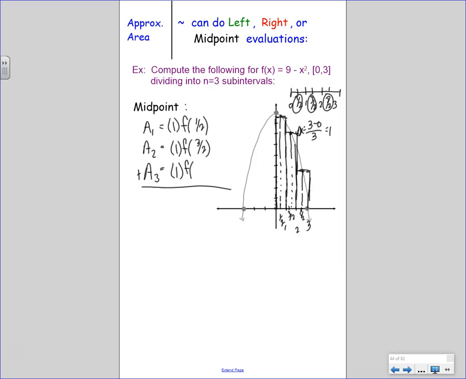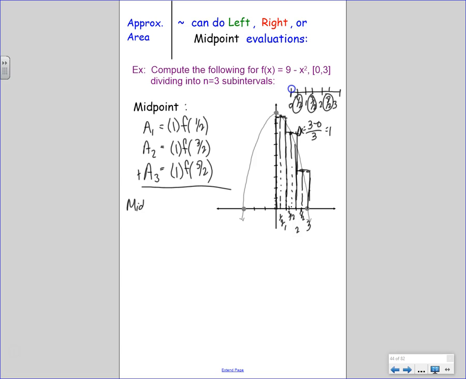Just from the picture, guys, which approximation do you think is the best? Midpoint. But the nice thing is for actual integration and for solving exactly without using area and the approximations from rectangles, the limit definition, if you fit infinitely many rectangles, all three types of approximations will approach the exact same area.